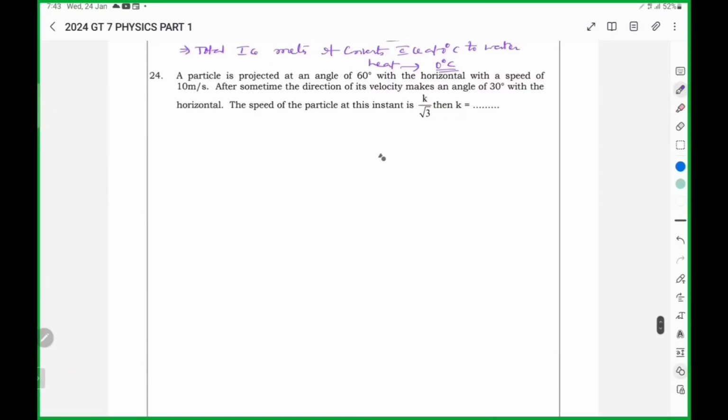Here a particle is projected at an angle of 60 degrees with the horizontal with a speed of 10 meters per second.